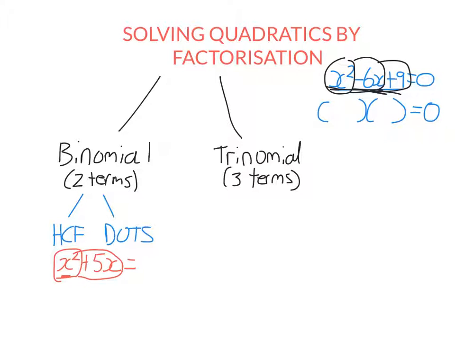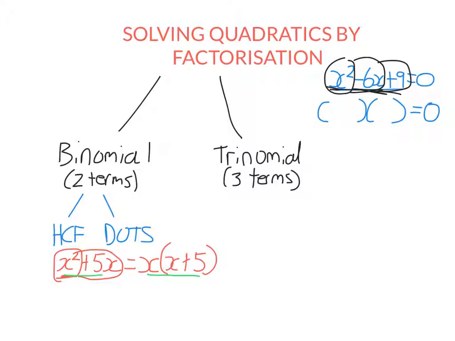So what we do is write the common factor out the front, and we divide each term by that highest common factor. So in the brackets, we go x squared divided by x, and then positive 5x divided by x, which just leaves positive 5. So factorizing is the opposite of expanding. If I were to expand this expression, I would get what I started with.